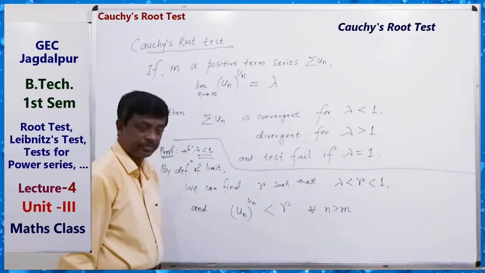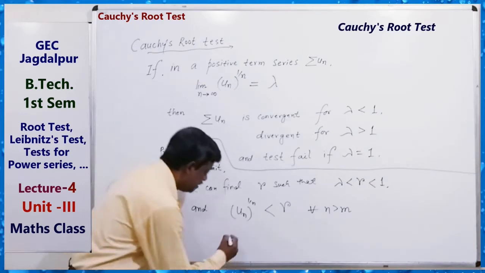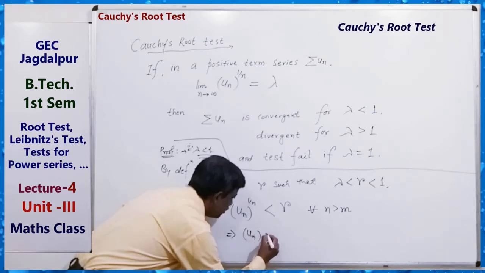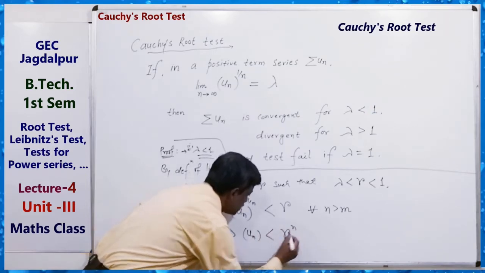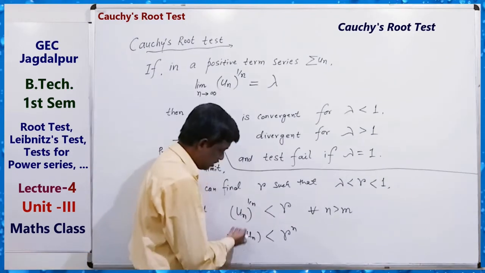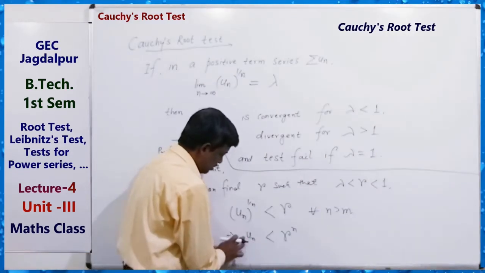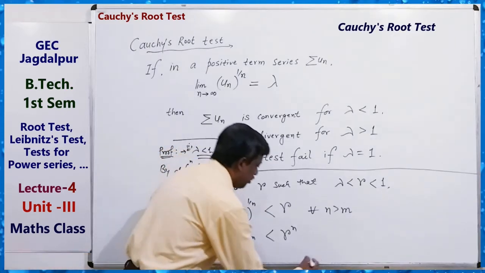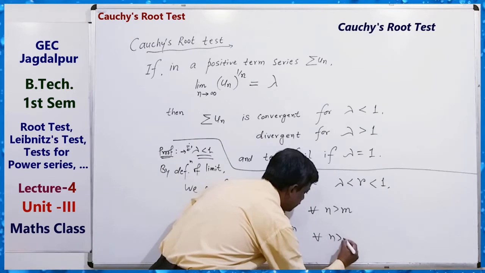So here we can write un power 1 by n less than R. Applying the power of n to both sides, we can write un is less than R to the power n for all n greater than m.